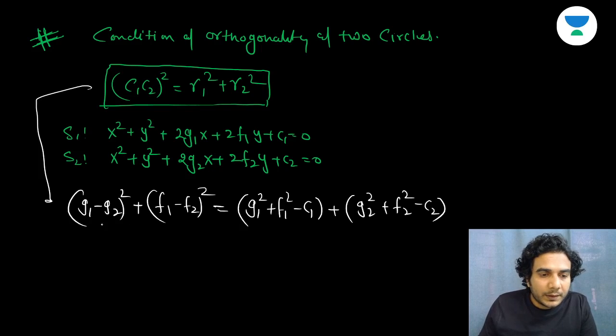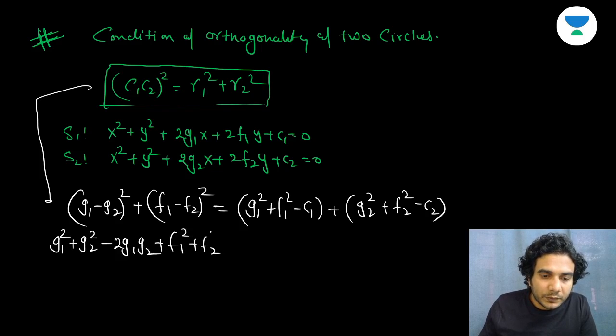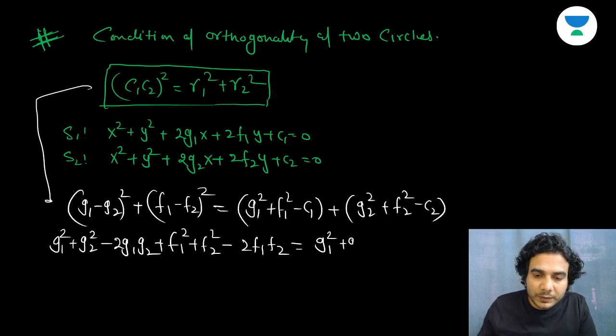If you open it, the left hand side is g1 square plus g2 square minus 2g1g2 plus f1 square plus f2 square minus 2f1f2, equal to g1 square plus g2 square plus f1 square plus f2 square minus c1 minus c2.